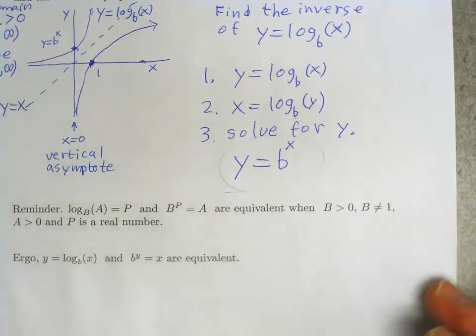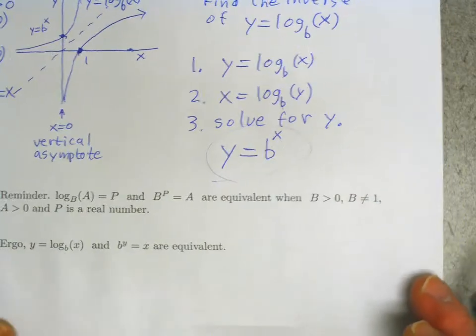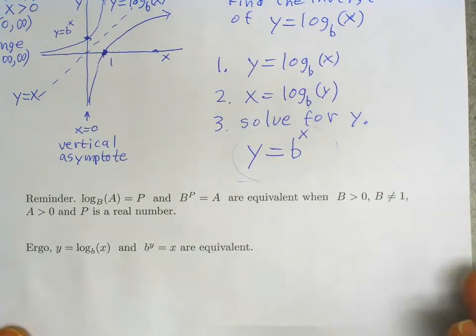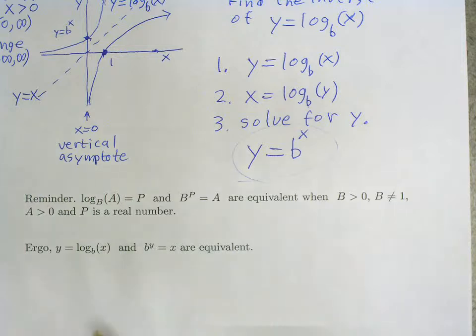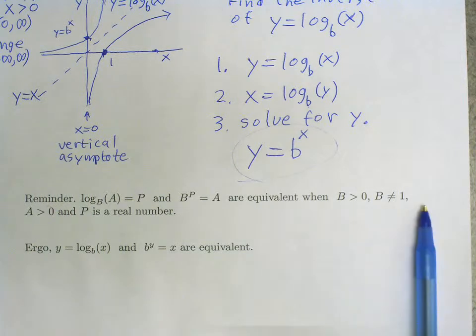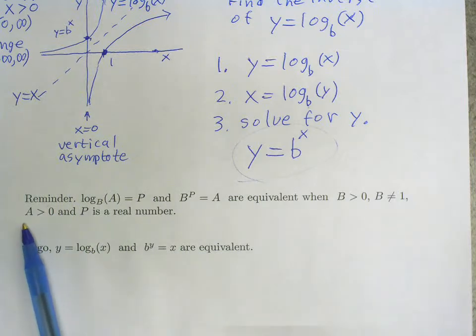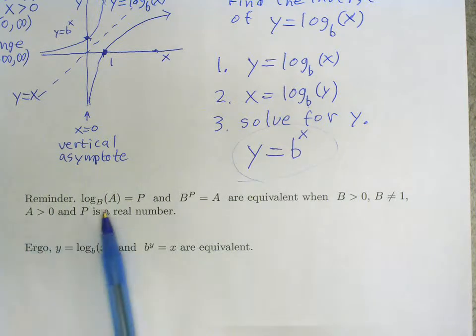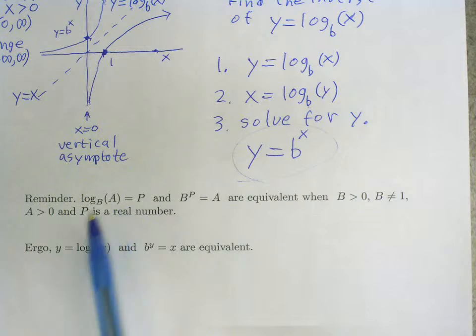Okay, here's another reminder. I think I told you that I would remind you of this repeatedly. So log base b of a equals p, and b to the p equals a are equivalent under the right conditions. Capital B has to be positive and not equal to 1. Capital A has to be positive because arguments of logarithms are positive.